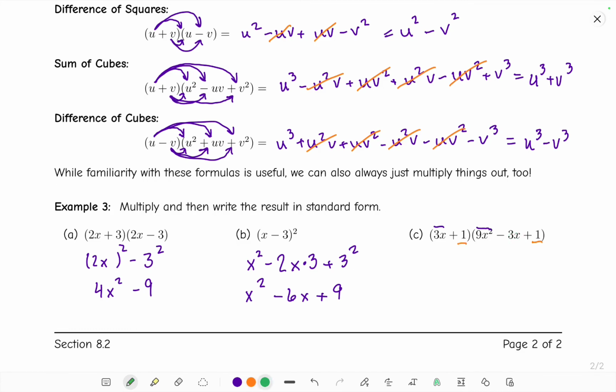Then finally, the middle term is these two put together, which that meets all the requirements. So then I know this will just be 3x cubed plus 1 cubed, which is 27x cubed plus 1. And that's it for section 8.2.